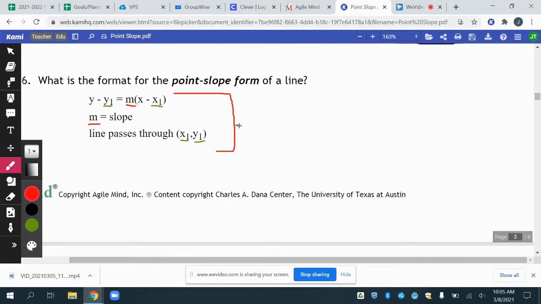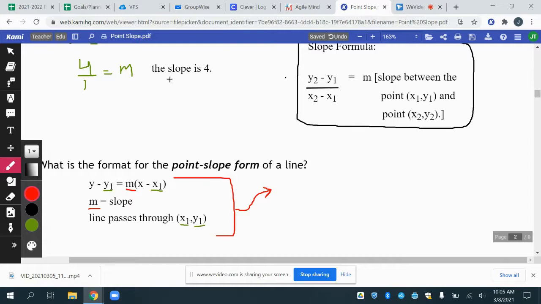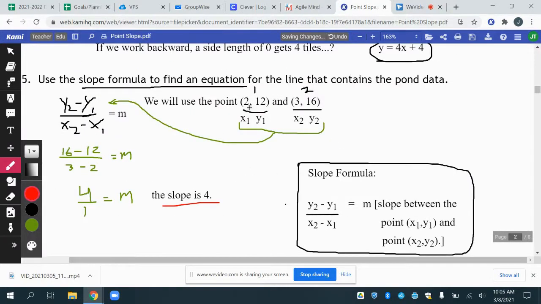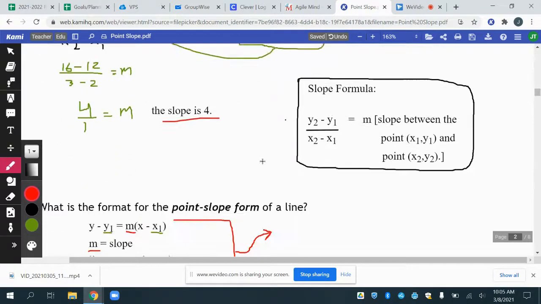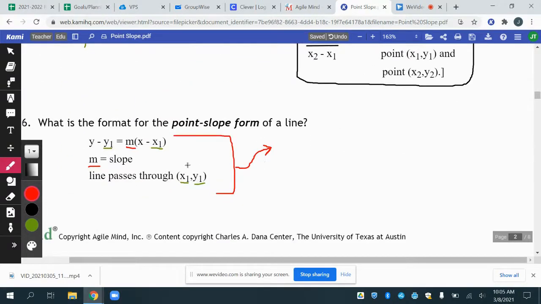Are you ready? So I know what my slope is. Slope is 4. We just said that. I also know that it goes through, well, it doesn't really matter what point I pick. I'm going to pick the point (2, 12), because I like those numbers, and it goes through that point.